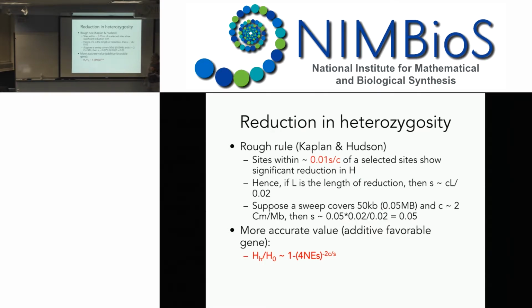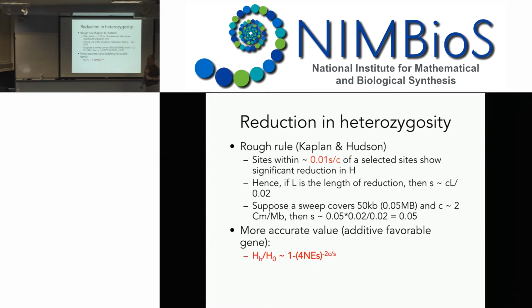Usually it's about 1, but if that's the case, then I can plug it in here, and the strength of selection was about 5%. You can get more accurate measurements, but the bottom line is you can actually use that amount of reduction in polymorphism, if you know the average recombination rate, to estimate the strength of the sweep. Kind of cool.